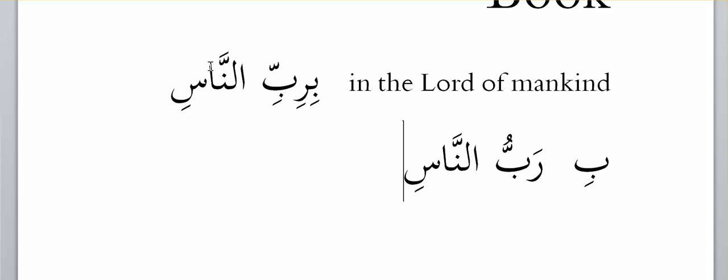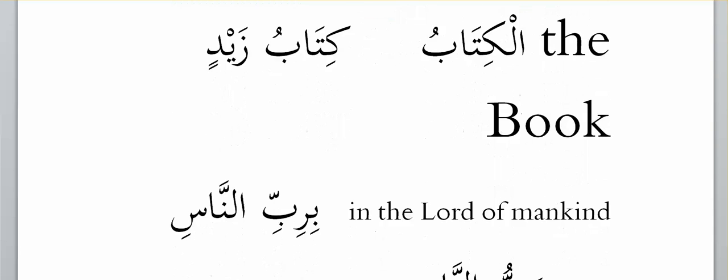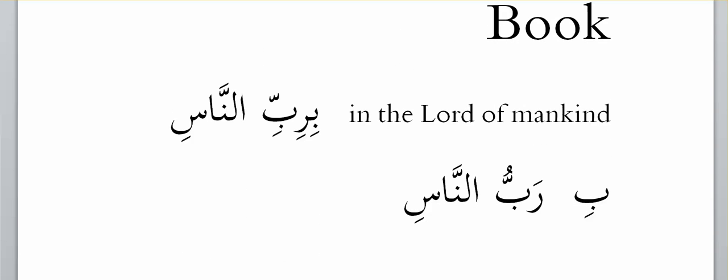Because it's the possessor. Remember, the possessor would always have kasra. Kitabu Muhammadin. Kitabu Zaydin. Rabbun Nasi. See that? Why do we have only one dhamma on the word Rabb? Because it's possessed. When it's possessed, we drop the tanween.